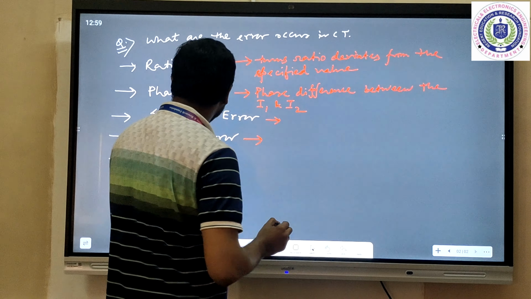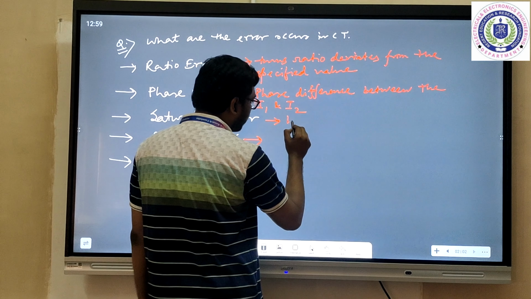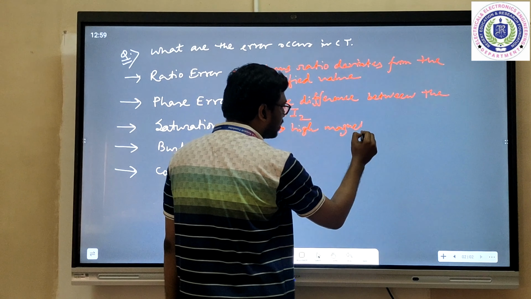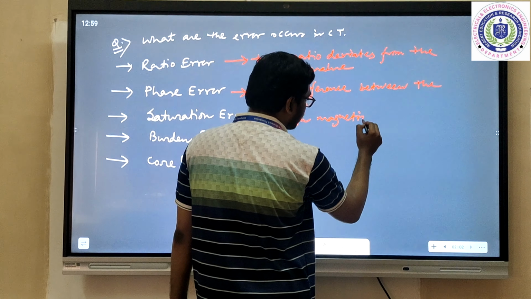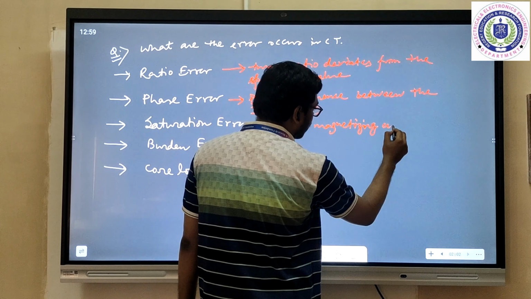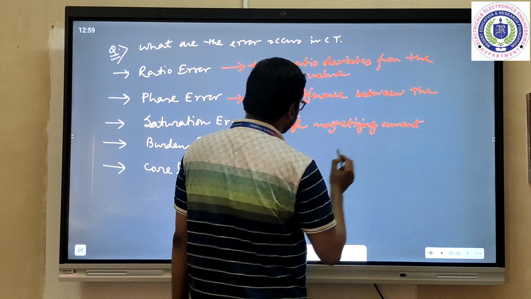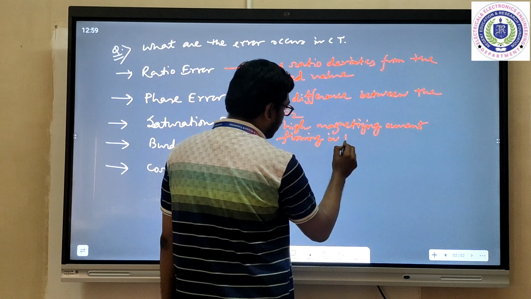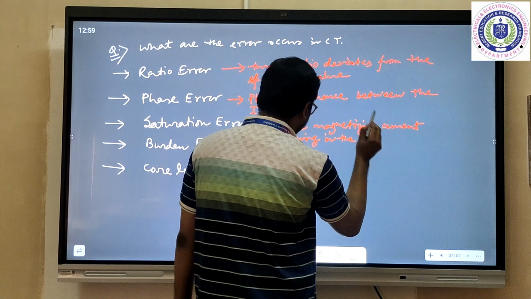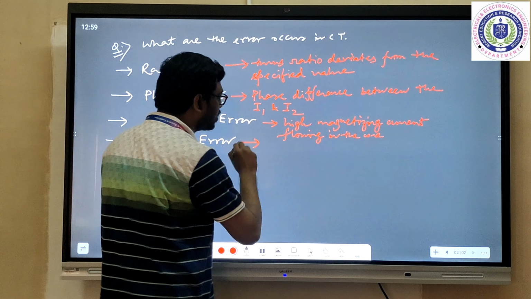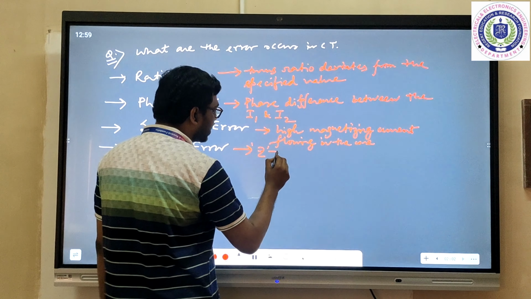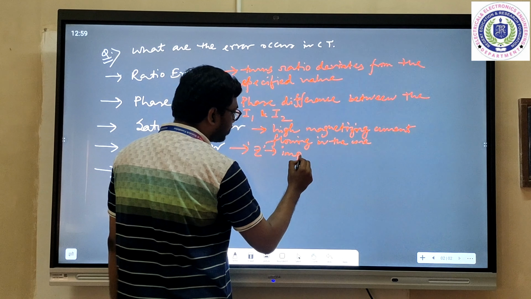Okay, high current, or you can say magnetizing current, flowing in the core. Burden error means it is due to the loading, that is Z. Z is what? Impedance.